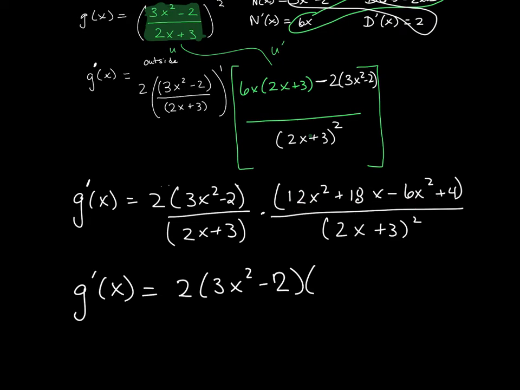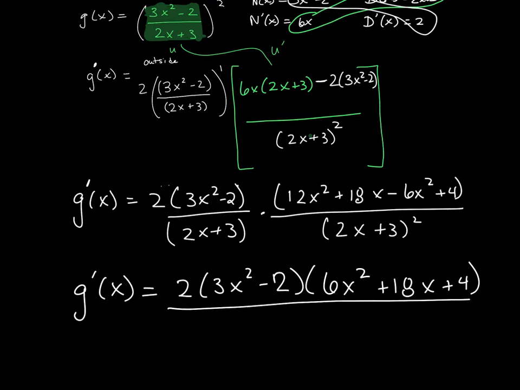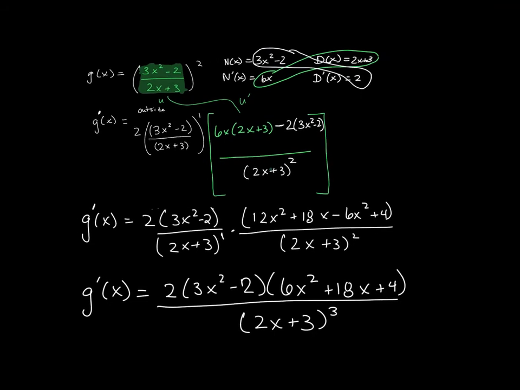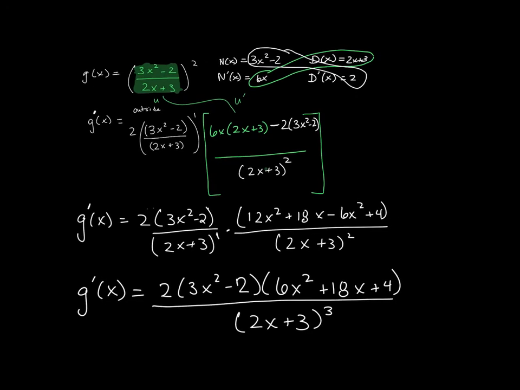I'm going to combine my x squareds, and I'm left with 6x squared plus 18x plus 4 all over 2x plus 3 to the third power, and again because I combined those. This question is a case of using first the chain rule, then the quotient rule.